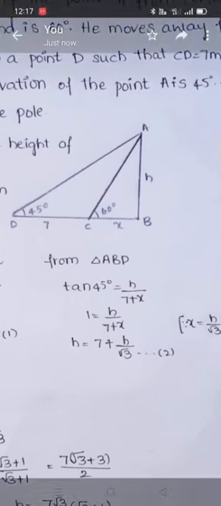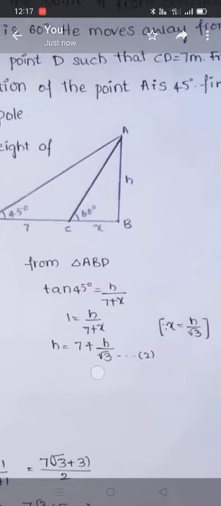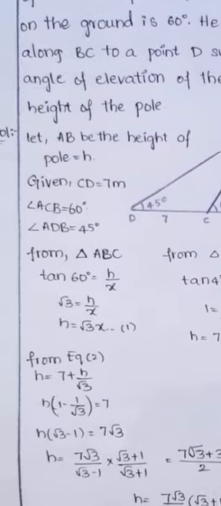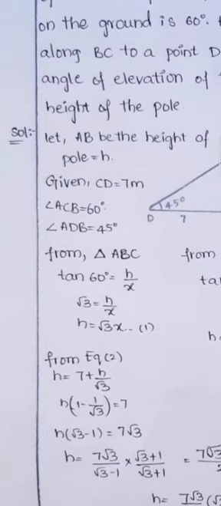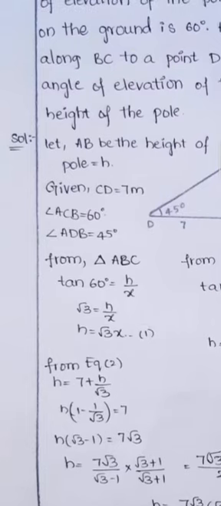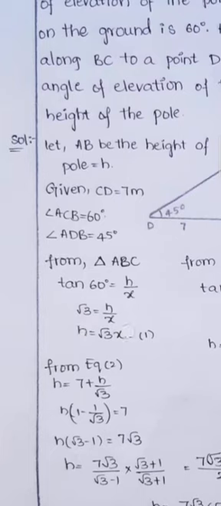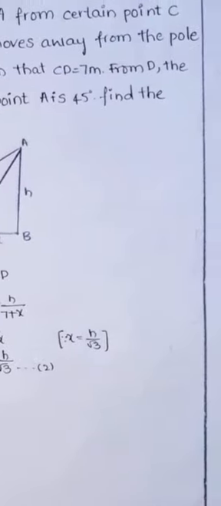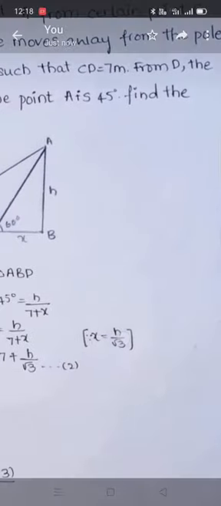So h is equal to 7 plus x. In place of x we are going to substitute h by root 3. As you observe in equation number 1, root 3 comes to this side and becomes h by root 3, so x is equal to h by root 3.